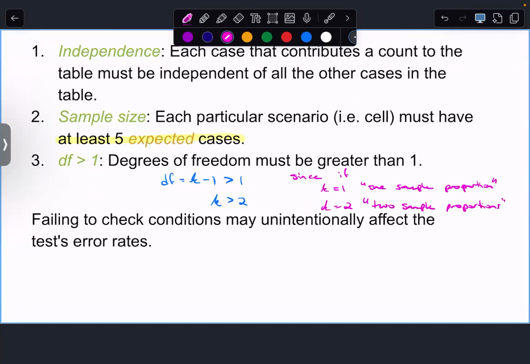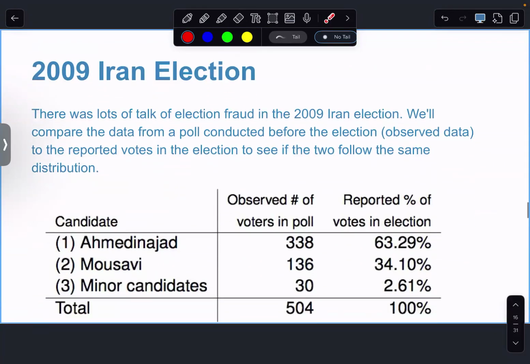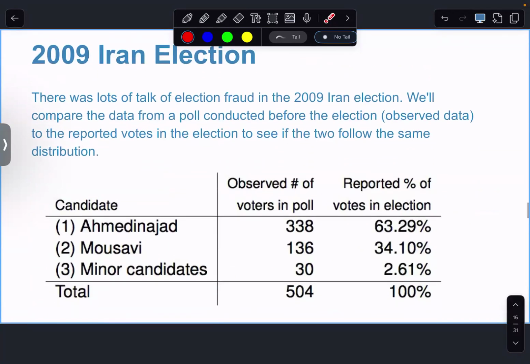So that's fine. You don't even really need to check this condition, because if you've decided it's a chi-squared goodness of fit test, then how you got there was you had more than 2 proportions, or more than 2 counts, that you wanted to compare to each other.